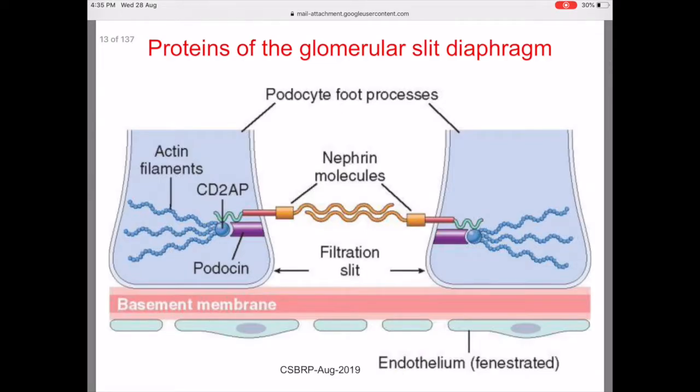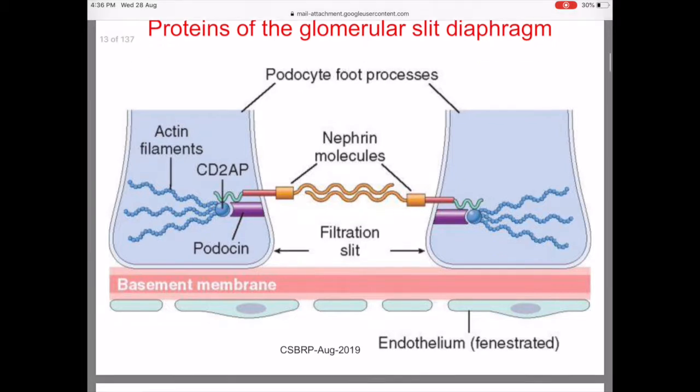This filtration slit also has some proteins which dictate the property of filtration, and these proteins include nephrin molecules, actin filaments and podocin. So any alteration in the endothelium, basement membrane or podocytes will result in abnormal filtration, which may result in proteinuria and hematuria.